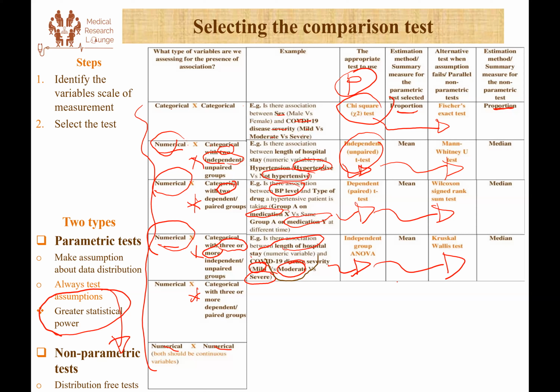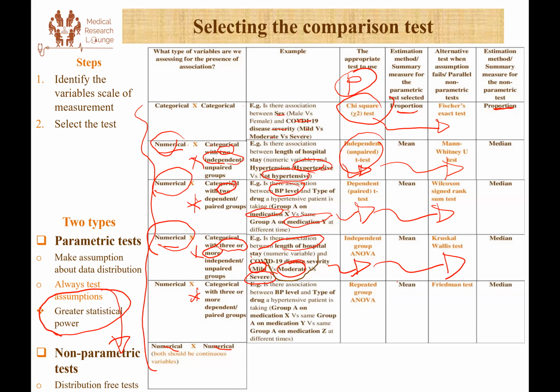And just like the independent group ANOVA, we might have three or more groups, but these groups could be dependent or paired. The same as the paired t-test, but here the groups are three or more. So for the same example as the dependent t-test, if we try to measure BP level among the same group of patients, like group A, while taking different types of medication, like X, Y, and Z, the same patient taking different medications at different points in time.